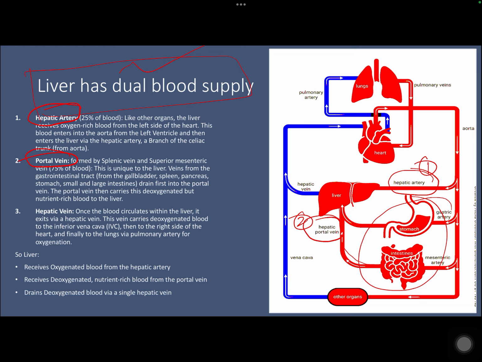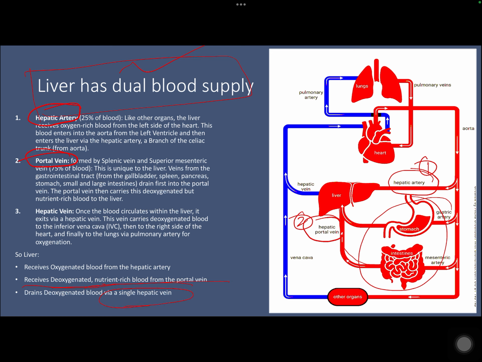So the liver receives oxygen-rich blood from the hepatic artery, and deoxygenated but nutrient-rich blood from the hepatic portal vein. Once the nutrients are absorbed and stored by the liver, and the oxygen is consumed by the liver cells, the deoxygenated blood is drained out of the liver by the single hepatic vein.